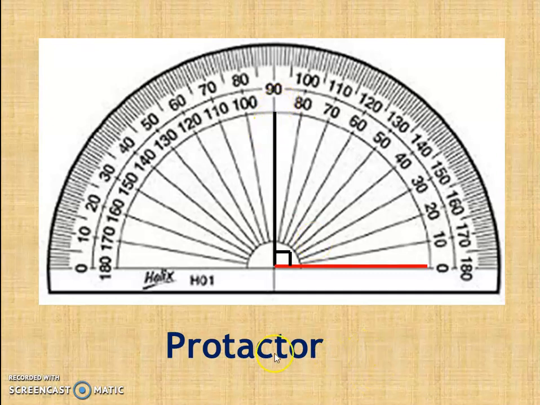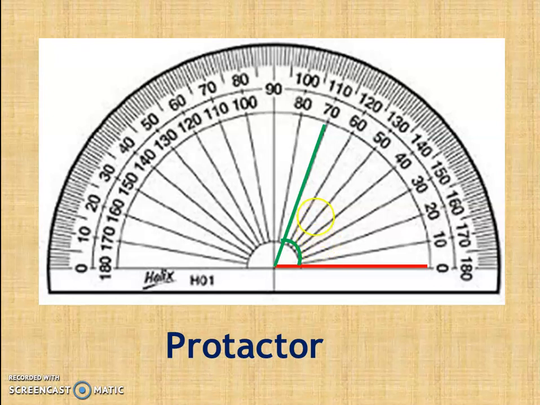What if I draw an angle like this? I make it smaller than 90, for example, 70 degrees. What is it called? Remember, smaller than 90. Very good, acute angles.